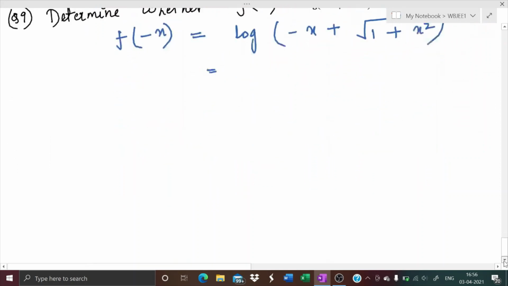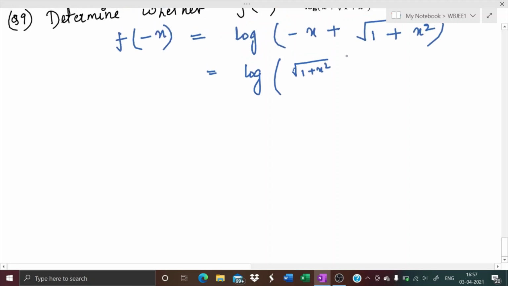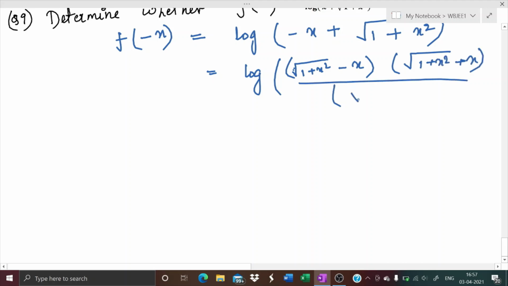So what I will do? I will rationalize that. Okay. कैसे करना पड़ता है देखो. I will multiply both the numerator and the denominator by under root 1 plus x square plus x. Okay. Both the numerator and the denominator.